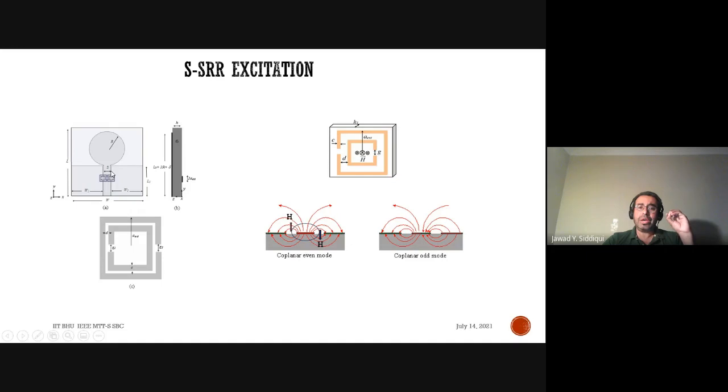This gives certain dimensions, which will provide a characteristic impedance of, say, 50 ohm for this coplanar waveguide transmission line. So you have to understand the dimensions of the transmission line, and you have to align the SRR in a particular way to excite it.